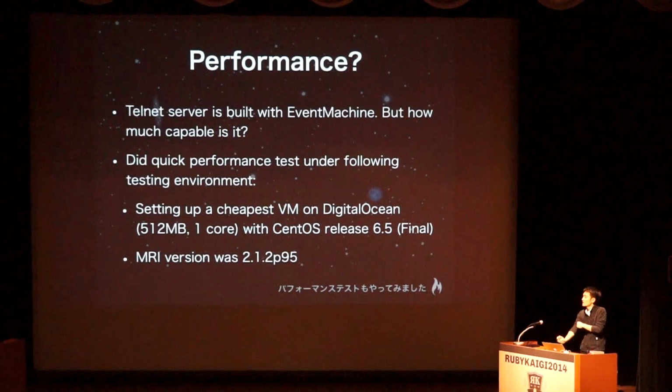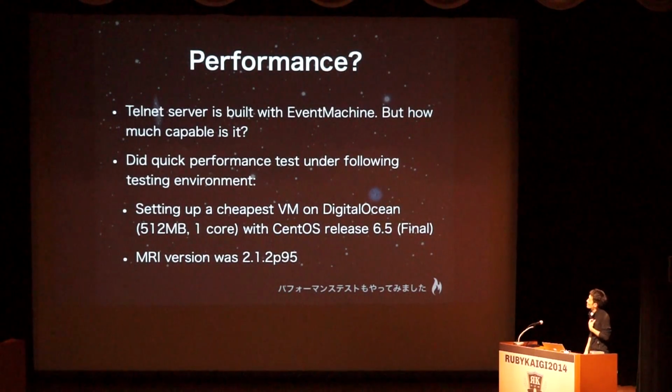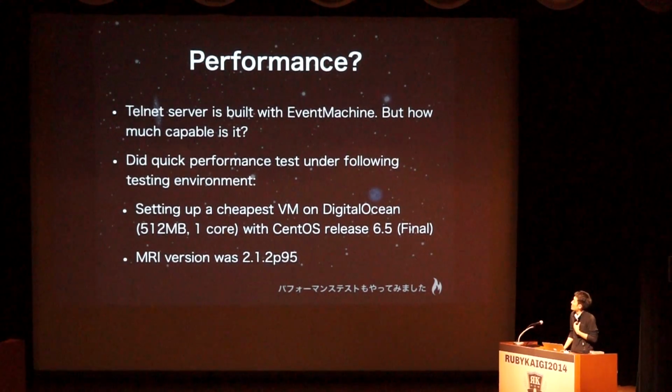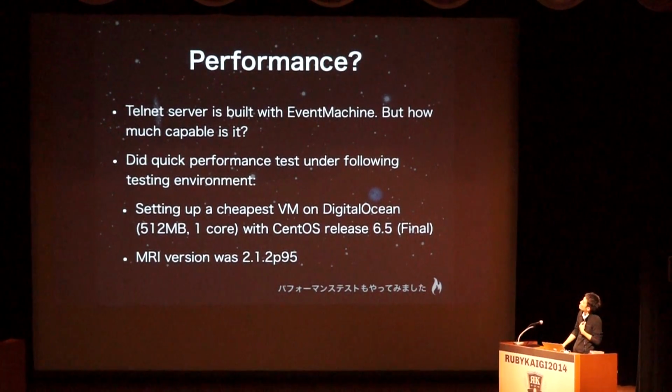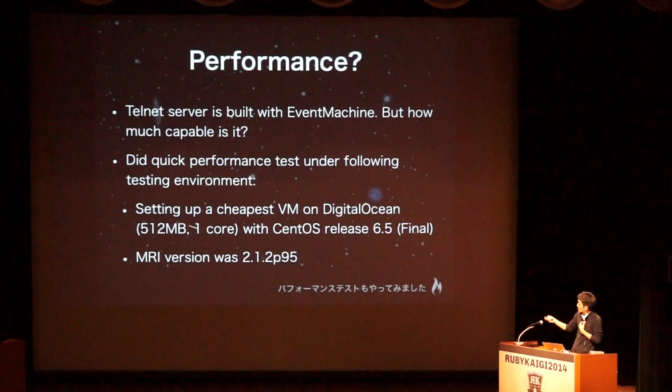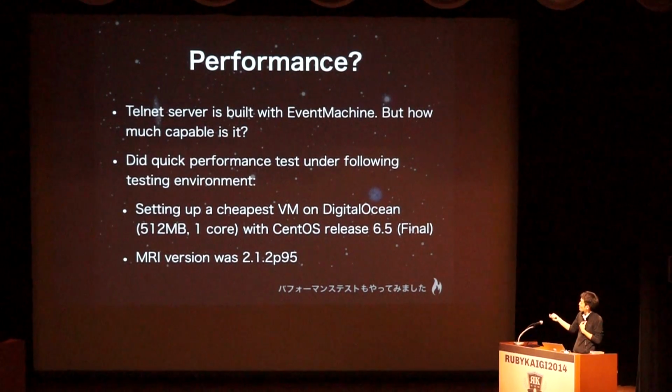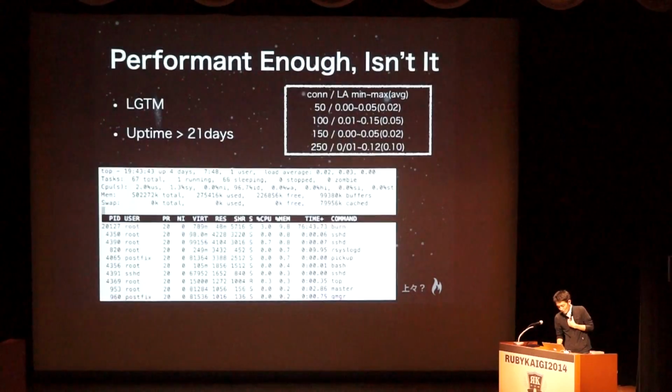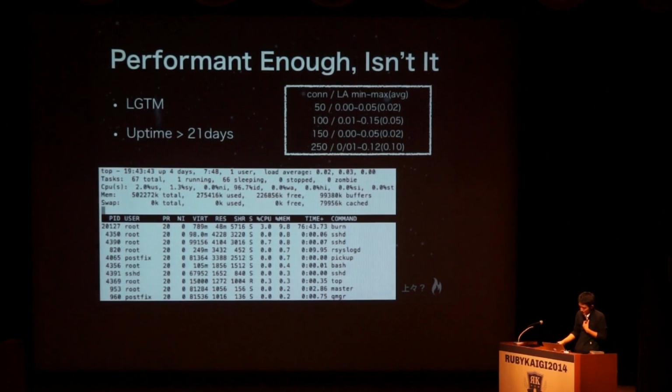And I was just interested in how the performance of this is. So I did a quick check of the performance under the condition of the cheapest VM on DigitalOcean, which has 512 megabytes of memory and 1 core, and CentOS. And the Ruby version was 2.1.2. And the final outcome was like this.